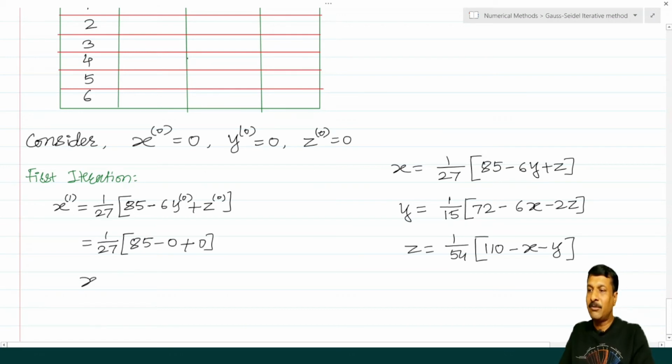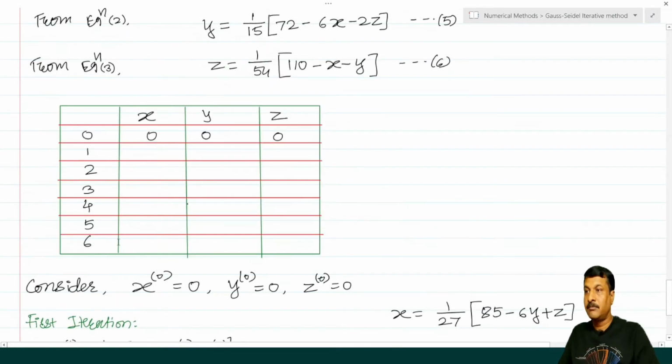So by calculator I am getting the first position of x value is 85 by 27. I am getting 3.14814 up to 4 digit, 3.1481. So first position value of x is 3.1481.